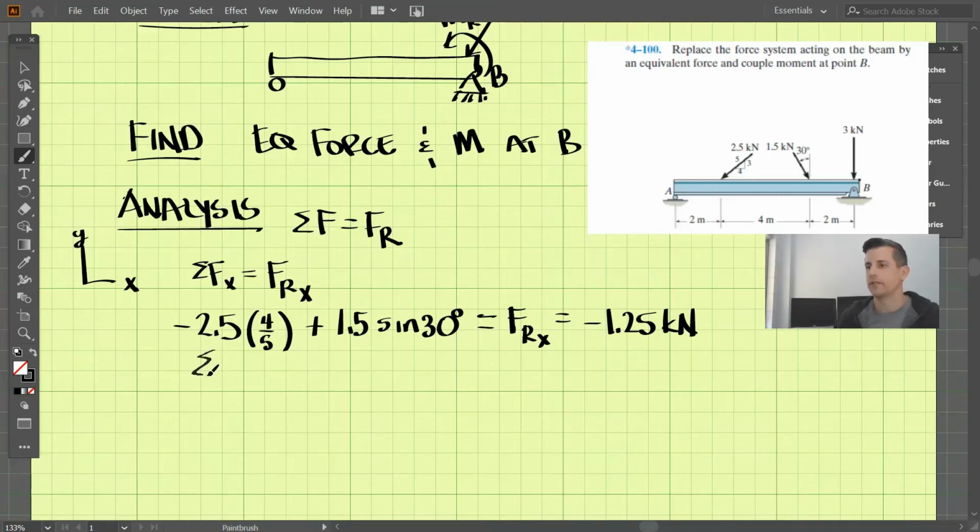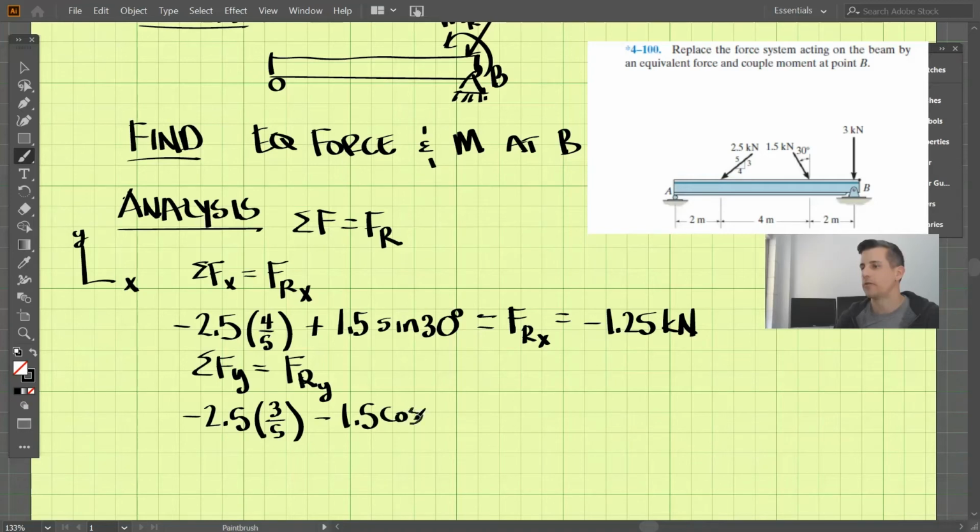Now let's do the y direction. The sum of the forces in the y equals the resultant force in the y direction. Starting with the 2.5 kilonewtons, the vertical component would be in the negative direction, so we have negative 2.5, and the vertical is 3, hypotenuse is still 5. The 1.5 is also going to be negative, and this time it will be cosine of 30.